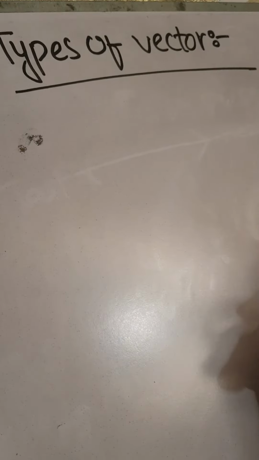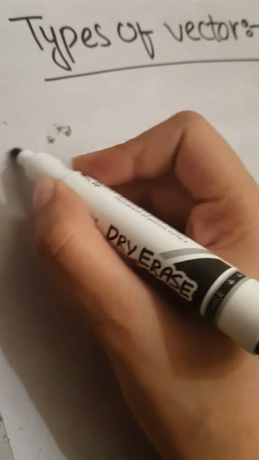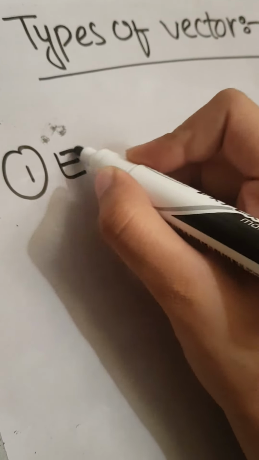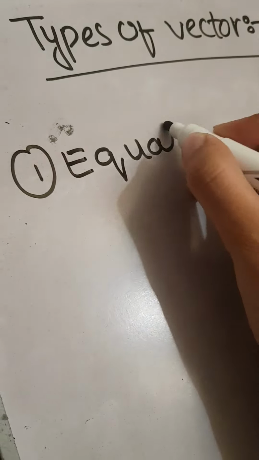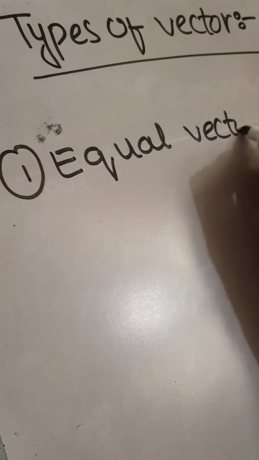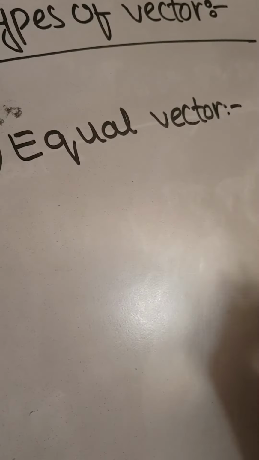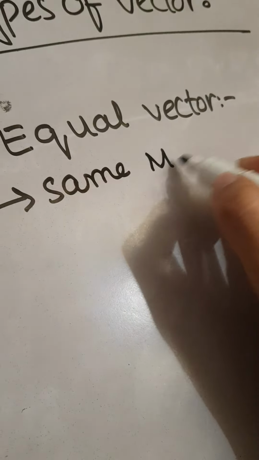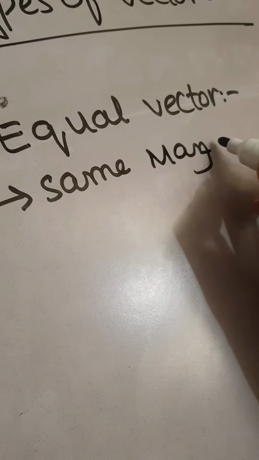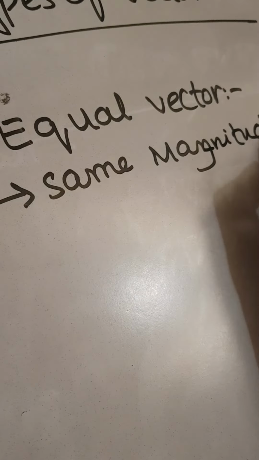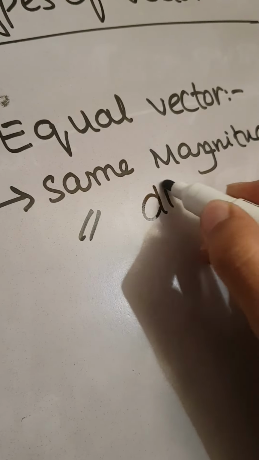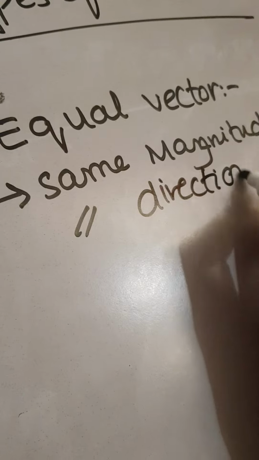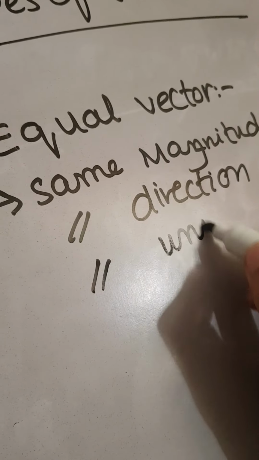Okay, let's discuss the types. The first type we have is the equal vector. What is an equal vector? It is vectors having the same magnitude, same direction, and the same unit.